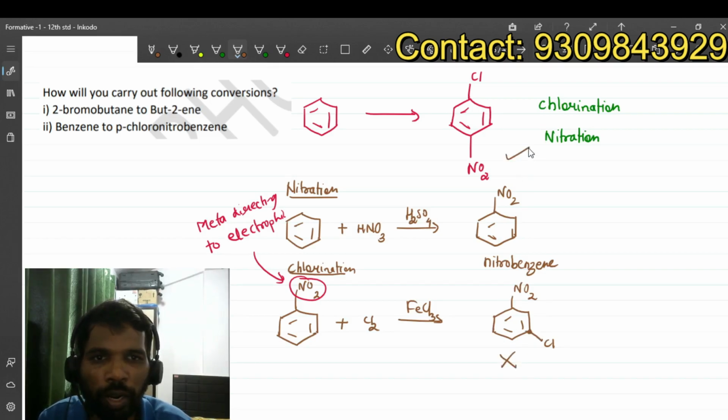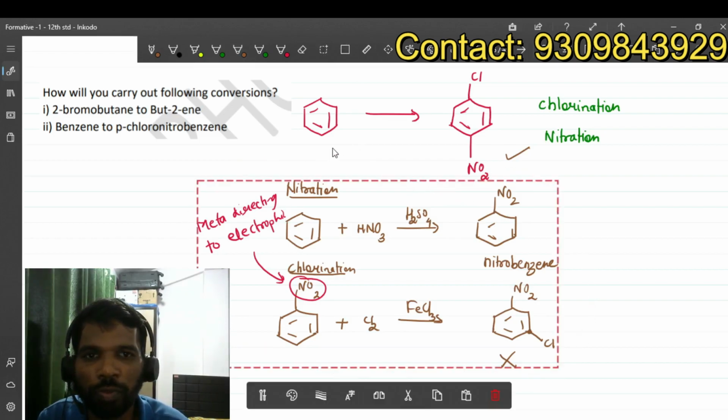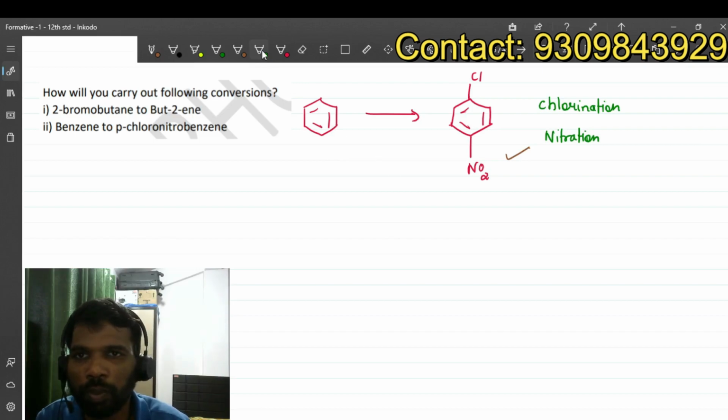We want this product. So doing nitration first is not going to work. But instead what we need to do is first chlorination and then nitration. Please make a note of this. I'm just going to wipe this off. So we'll do chlorination first, then nitration.